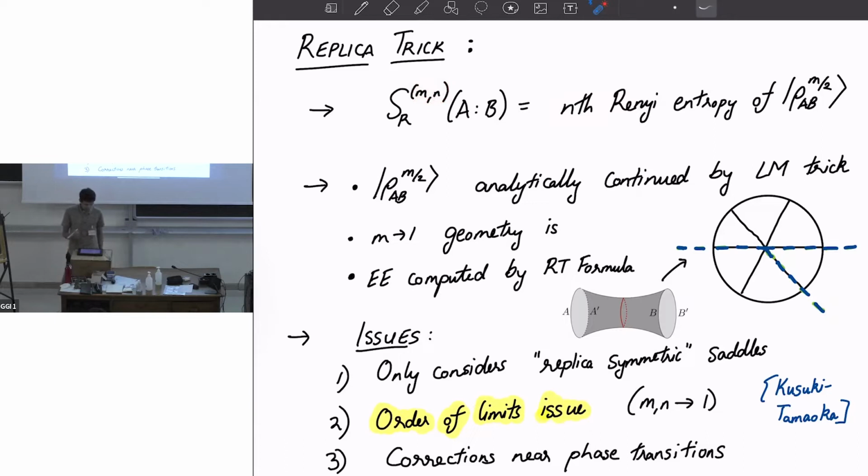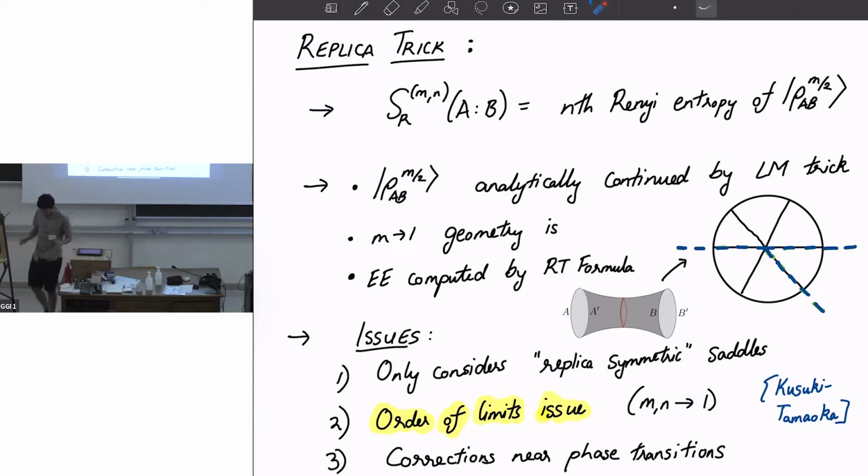Whereas the problem is, depending on how you do that, whether you take m to 1 first or n to 1 first, the answer changes. And so there's a subtlety in this analytic continuation, which is a little hard to understand. And so you might worry that there are important effects coming from perhaps other saddles that might change the answer, and it needs to be more carefully checked.